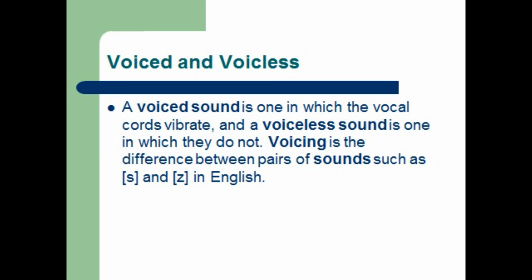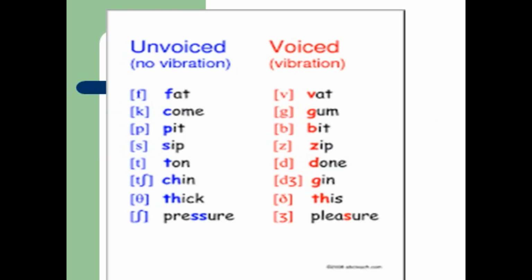Voicing is the difference between pairs of sounds such as s and z. So this phenomenon distinguishes between different sounds by means of voicing. We have different voiced and voiceless sounds, as you can notice in the picture.